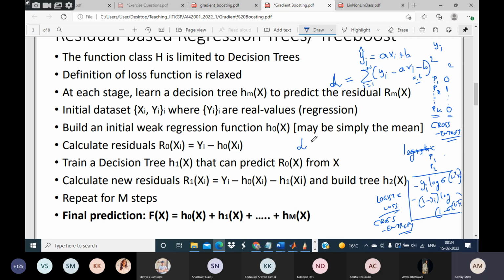I define a loss function between the true labels and the labels predicted by your classifier with respect to its parameters, and then I choose the parameters such that this loss function is minimized. Now, in case of decision tree, we do not have to do that.